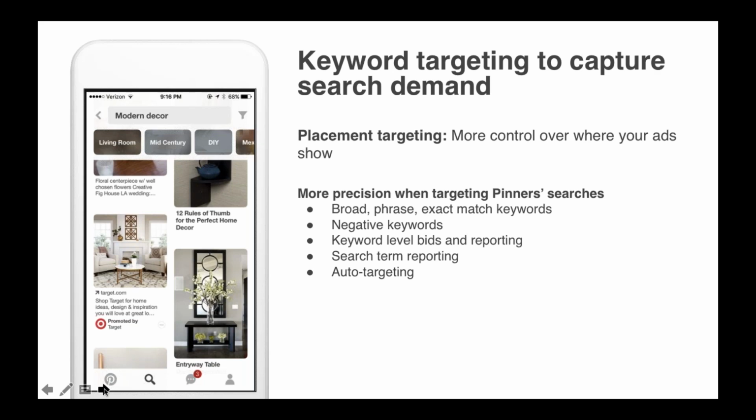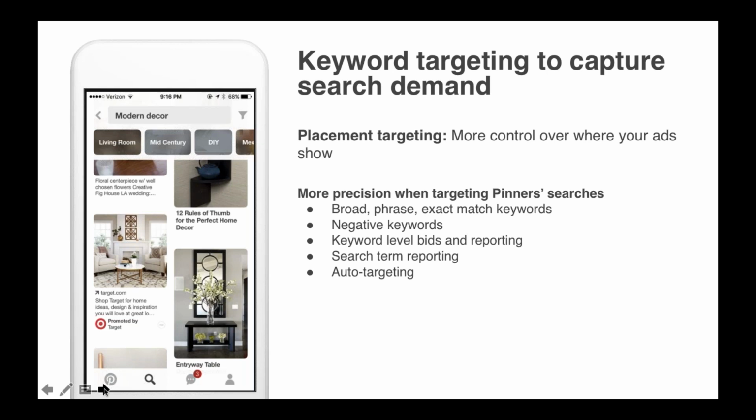And we have started to do this by introducing several new keyword targeting features in this past year. We're trying to bring more traditional SEM features onto Pinterest as a platform. One of the ways that we've done this, first of all, is just by allowing placement targeting.